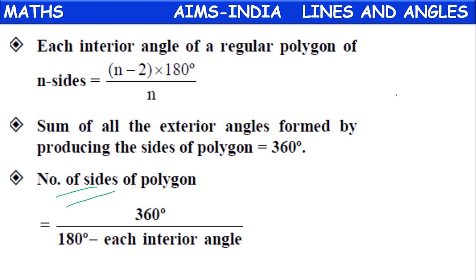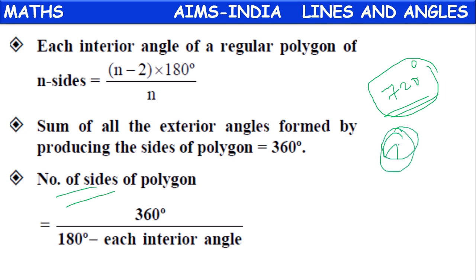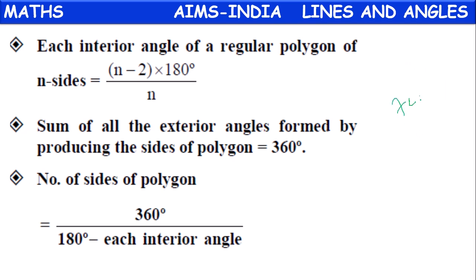Suppose the sum of interior angles of a polygon is 720 degrees, then how many sides will it have? Let it be n.